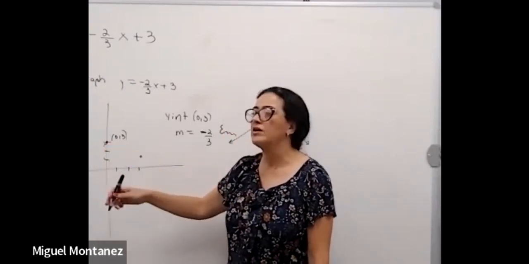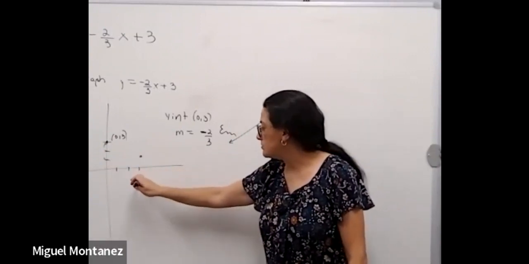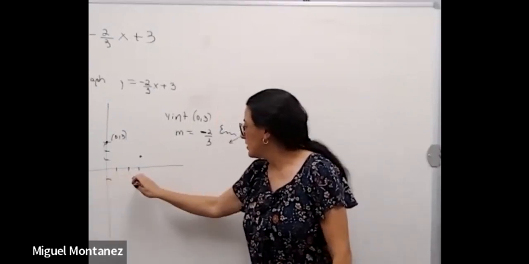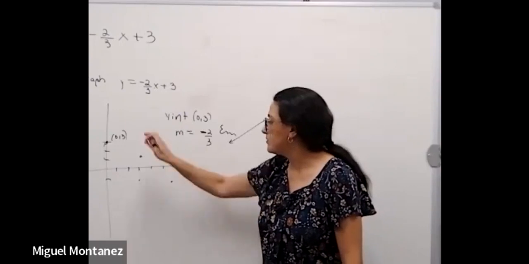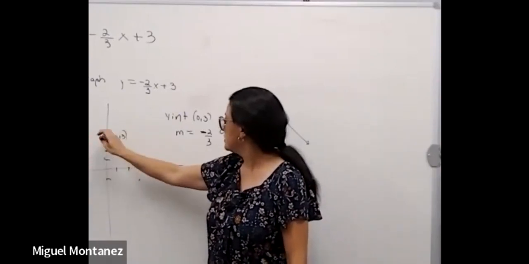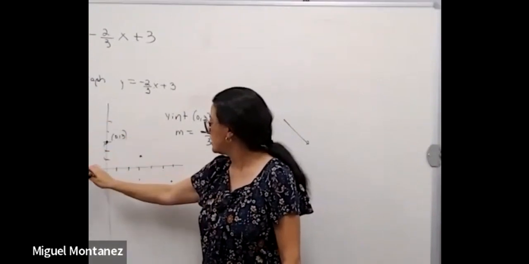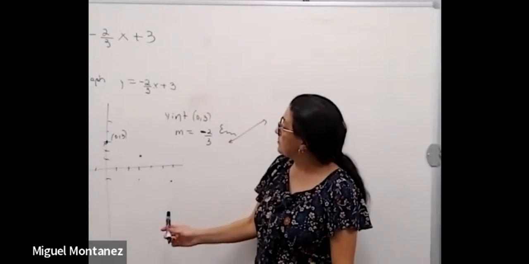So we have this point. And then we can continue, 2 down and 3 to the right, and so forth. Or vice versa. Since I need to go in the other direction, I can go 2 and 3. And we have this line.